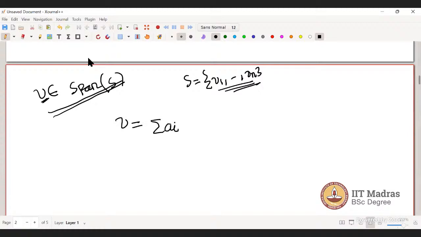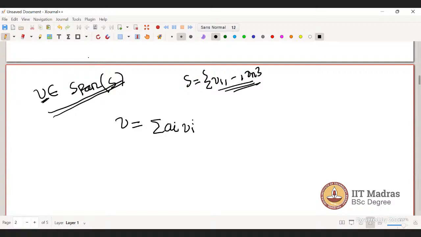Then you can say that V is in span of S. So you have to take all the vectors which you can write as a linear combination of these Vi. Only then can you say that the vector is in the span of this set S.